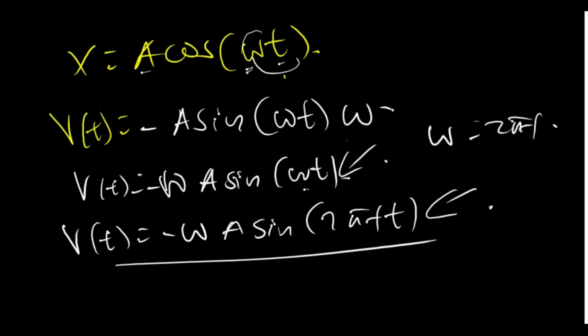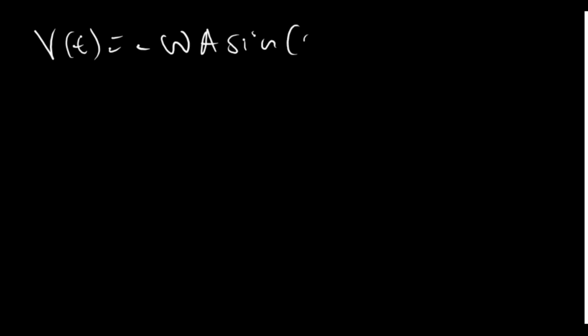So we have got this formula for velocity and this formula. Now we can also come up with another formula for acceleration. The moment I differentiate the formula for velocity, it is going to give me the acceleration. We are saying that the formula for velocity as a function of time is just basically negative w a sine this.